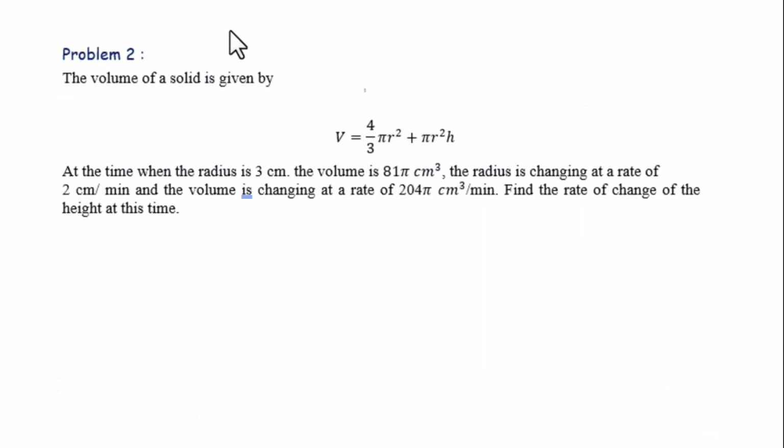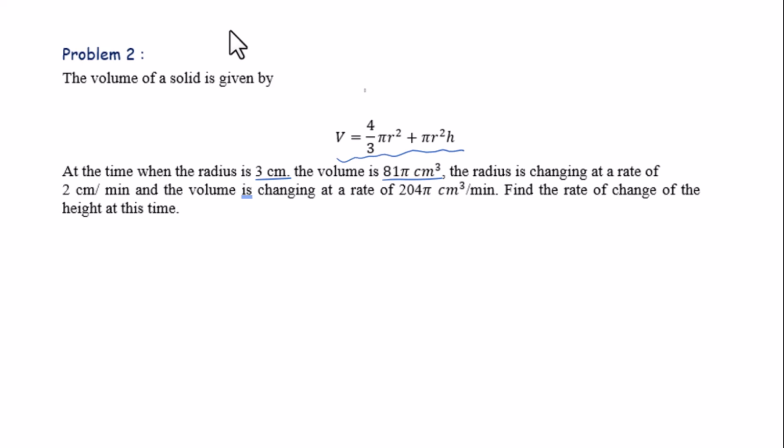Problem 2. The volume of a solid is given by this. At the time when the radius is 3 centimeters, the volume is 81 pi centimeters cubed.